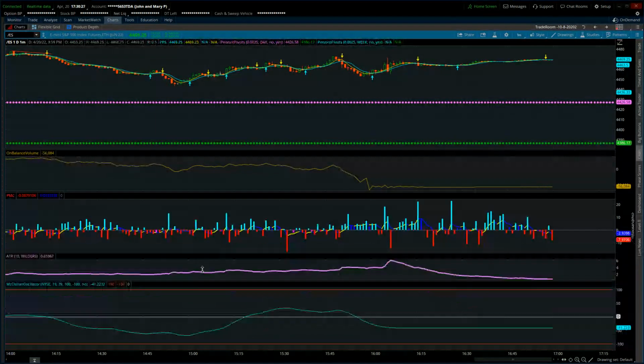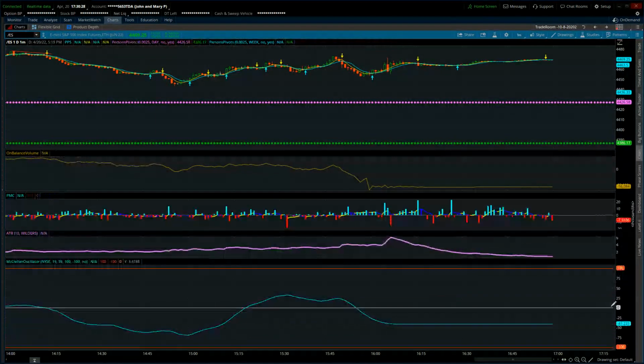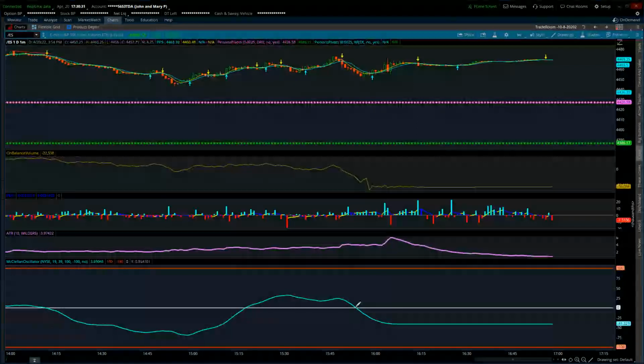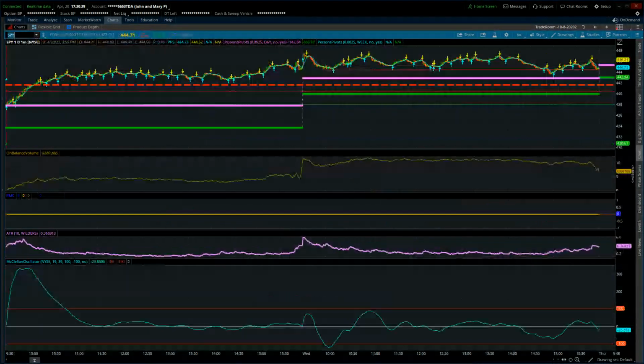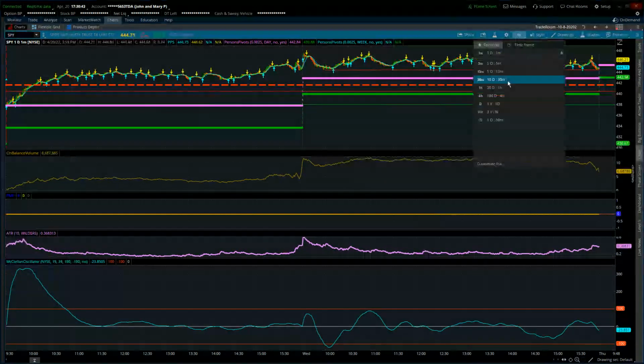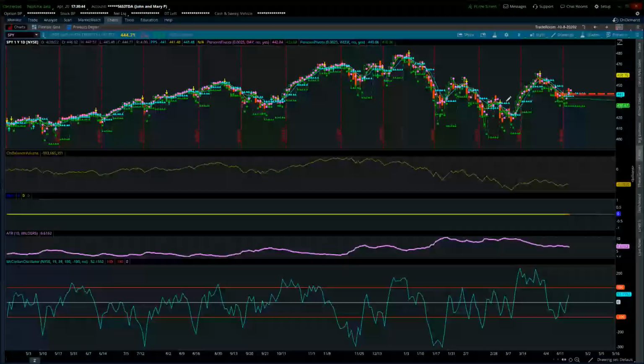So there is one. It's the same story. There's your zero line, and the MIC oscillator is below whatever this is, the ES. You can use SPY, and here is the SPY. That's a 1 minute chart, though. Let's look at the daily chart.